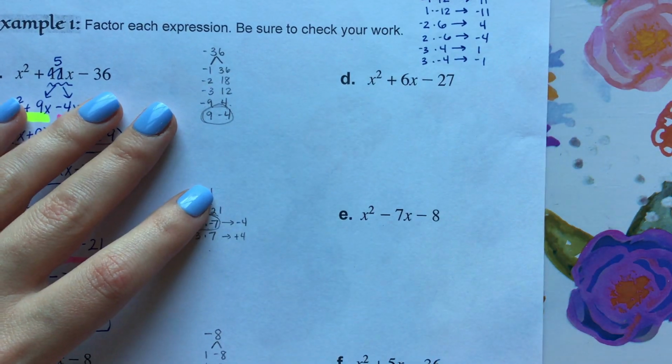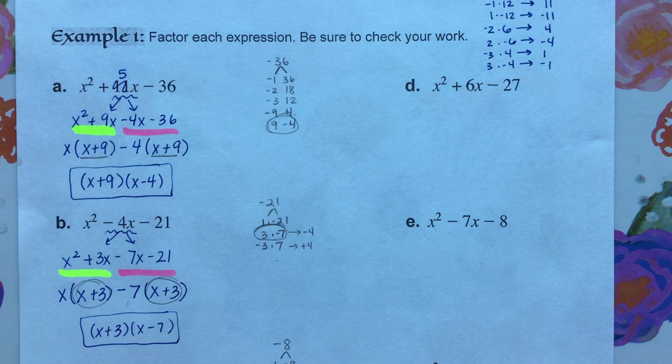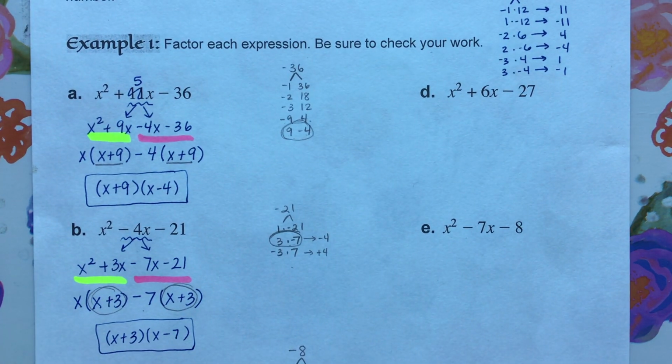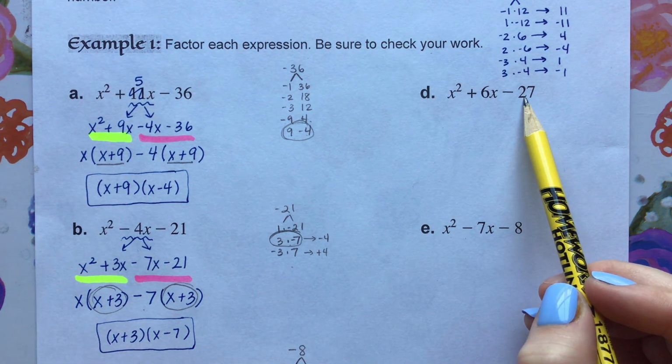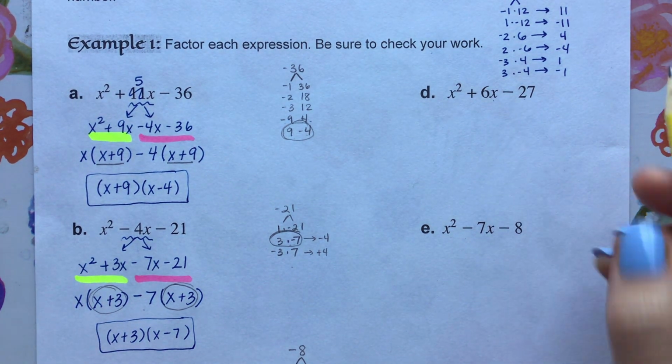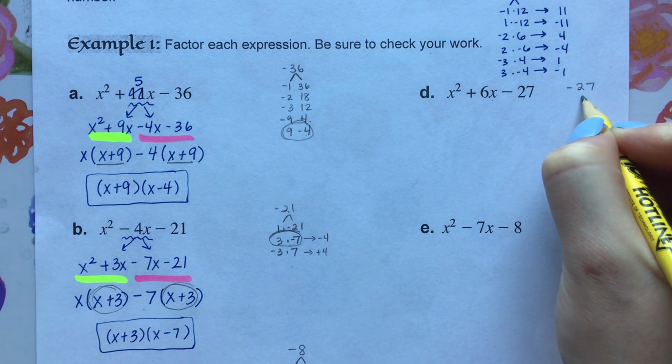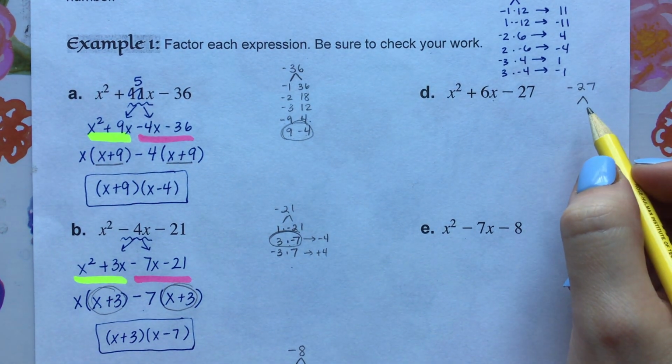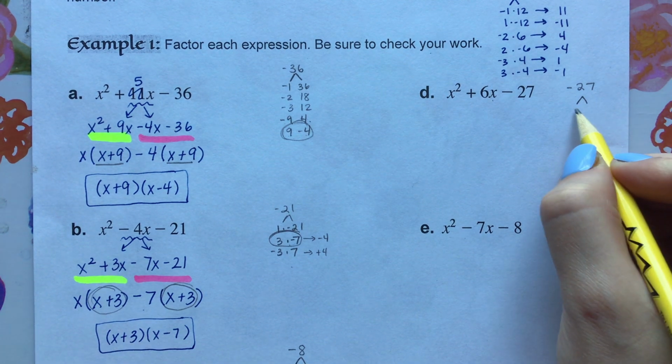We're going to do example D, and then we'll do the remainder in class later on. Okay, so we're looking for multiples of negative 27 that add to positive 6. So we've got negative 27 here. And what are some things that multiply to negative 27?